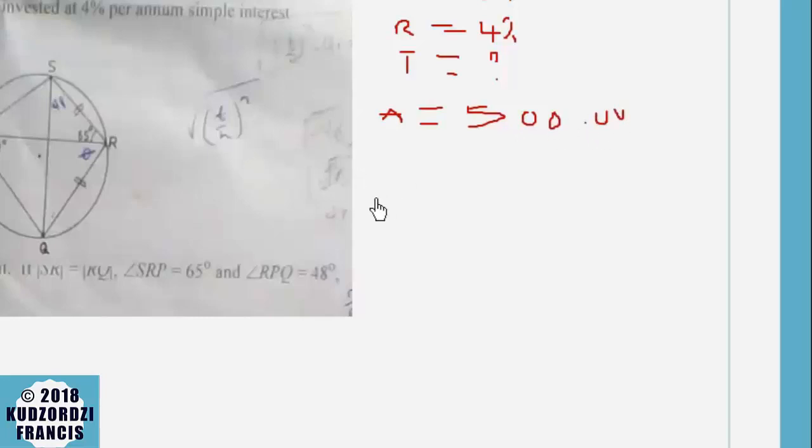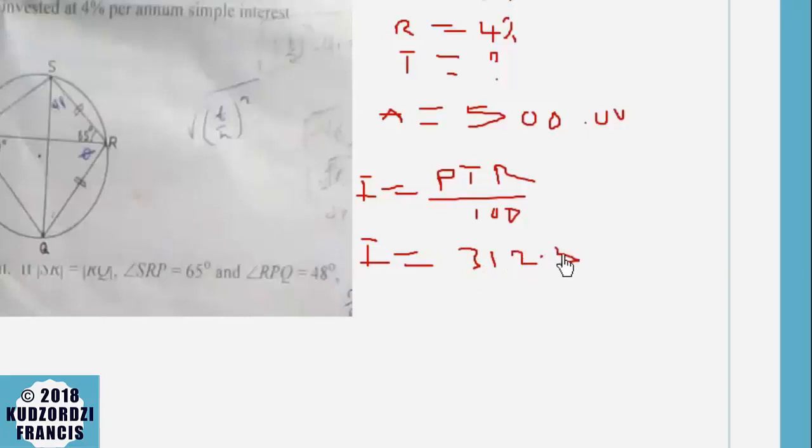Now we know that interest is principal times the time times the rate all over 100. So we just sub in the values. The interest will be equal to 312.50 times the time times 4 all over 100.